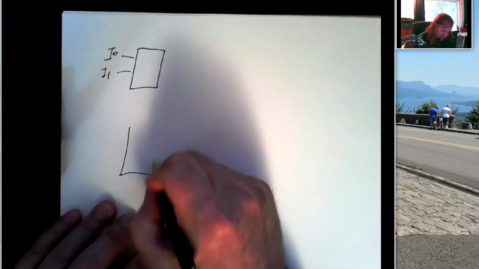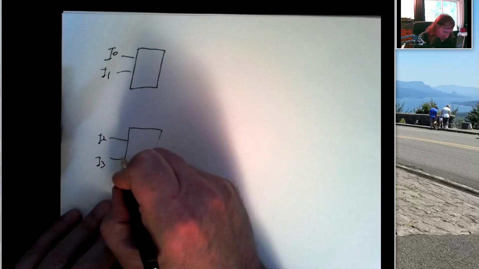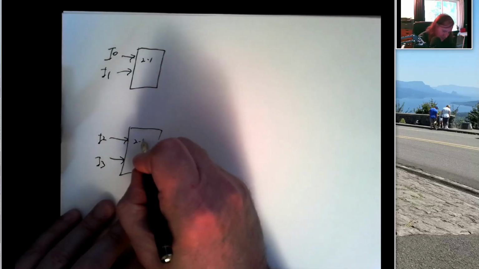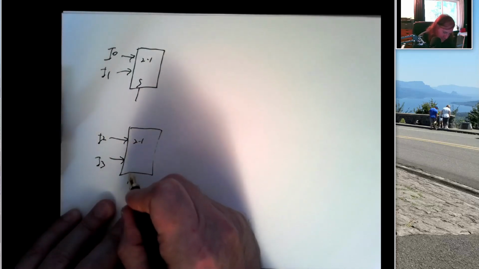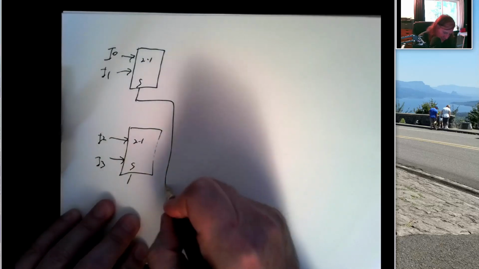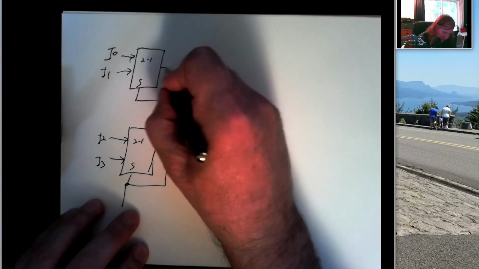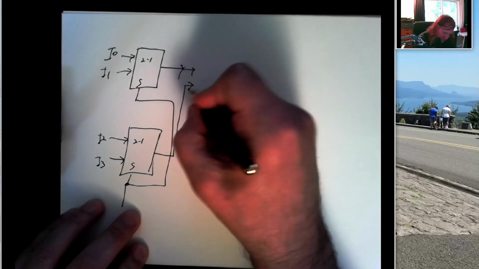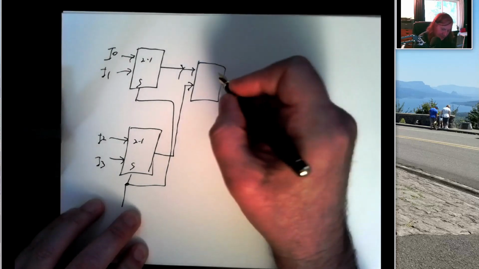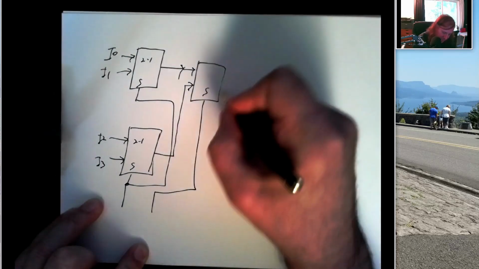So we can do something like this. Take our inputs, put them into a series of 2-to-1 multiplexers. Connect these select lines together. Each of these multiplexers generates an output. Feed that into another 2-to-1 with another select line.